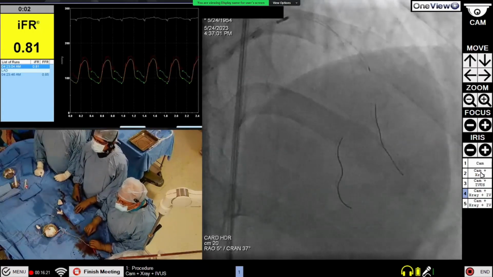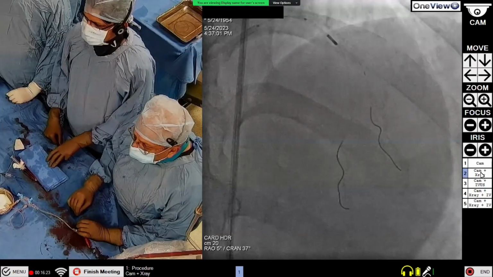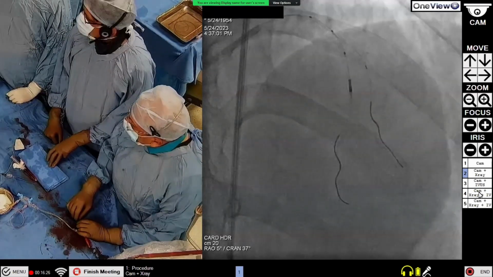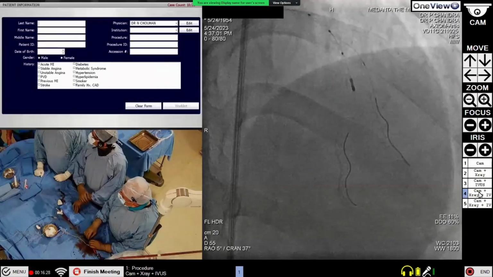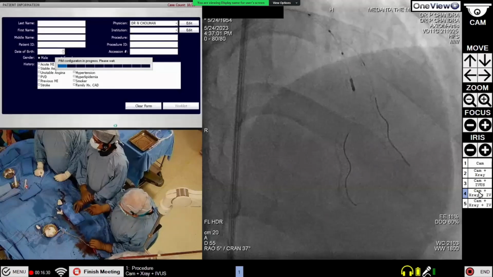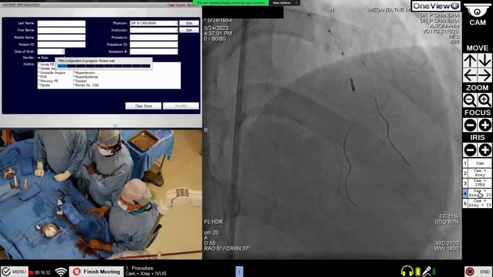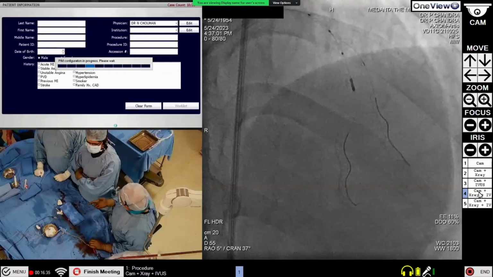Okay, this is my IVUS catheter in the LAD. Switch on the IVUS, please. As Dr. Nagendra was discussing, in this bifurcation lesion we can do it in many ways.